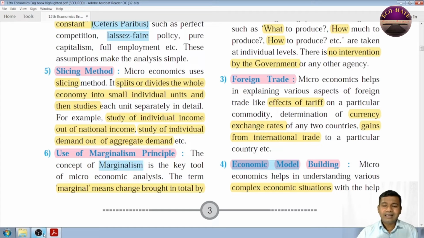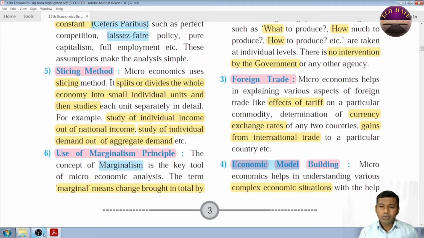Understanding this becomes important for us, and microeconomics helps you understand the effects of tariffs on a particular commodity. And it is obvious, right? If a commodity's price is 10 rupees, and I am exporting that commodity to another country, and a tariff is imposed on that commodity, the price of the commodity is going to increase, right?